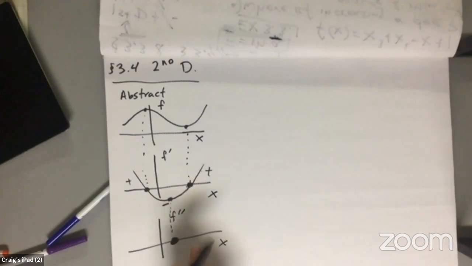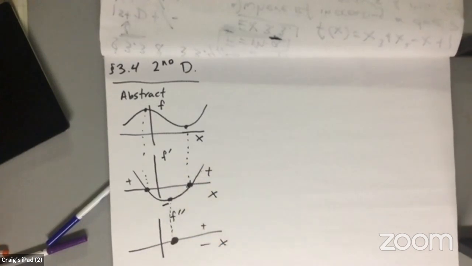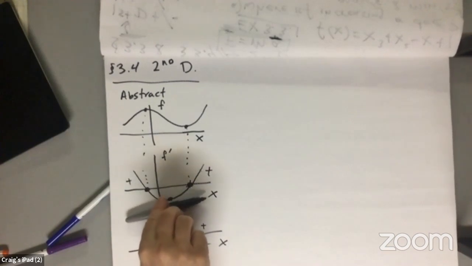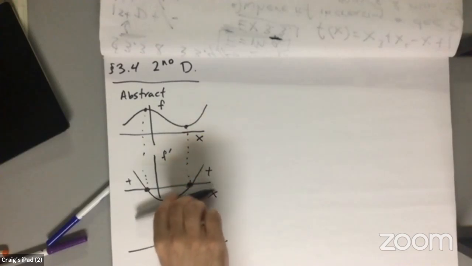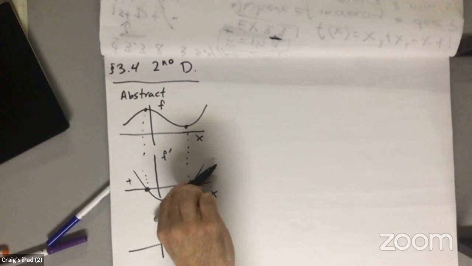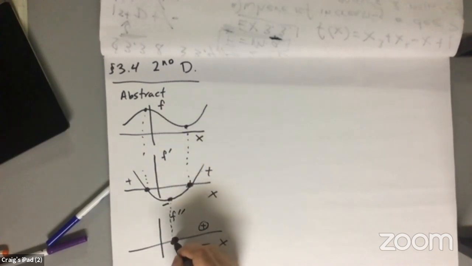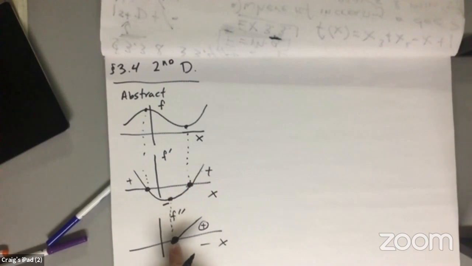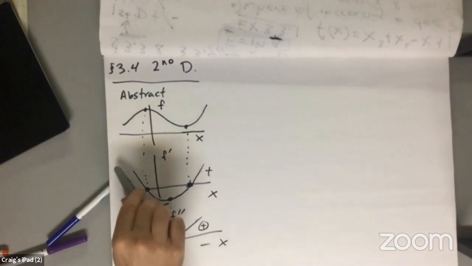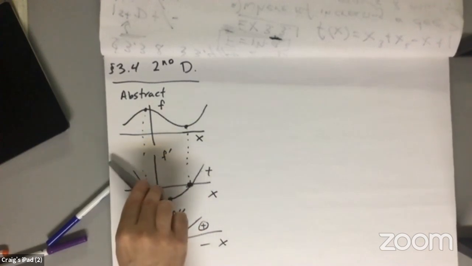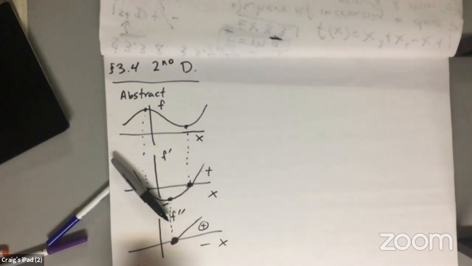And to the right, I just ask, is it positive or is it negative? Is the second derivative positive over here? Well, the first derivative is increasing over here, which means that the first derivative slope is positive, which means the second derivative has to be positive then. So it's going to look like that. And over here, same thing, where the first derivative is decreasing, the first derivative slope is negative.